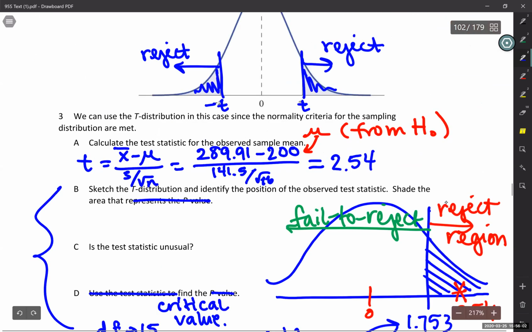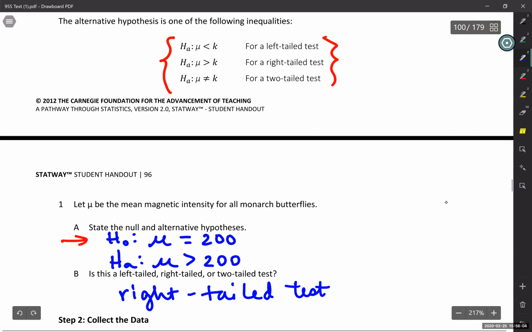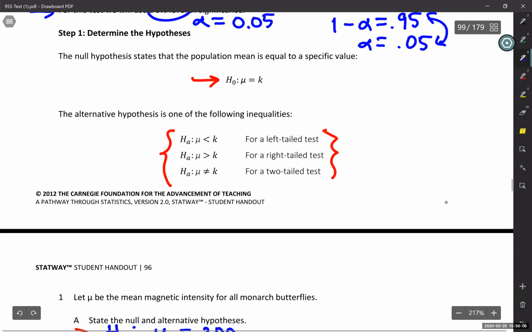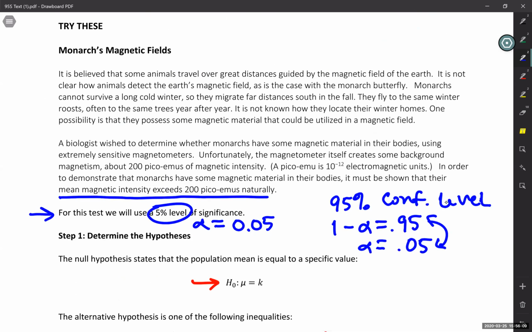So there's the problem. Here it is. It must be shown that the mean, so our alternative is that the mean magnetic intensity exceeds 200 picoemos naturally.